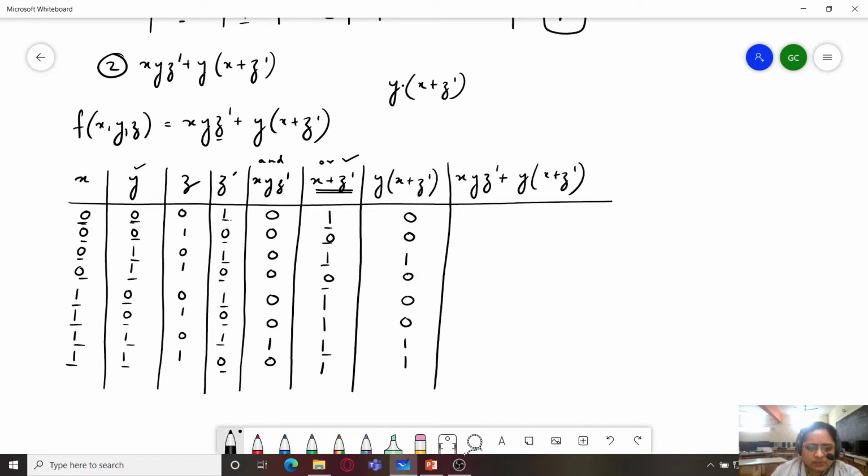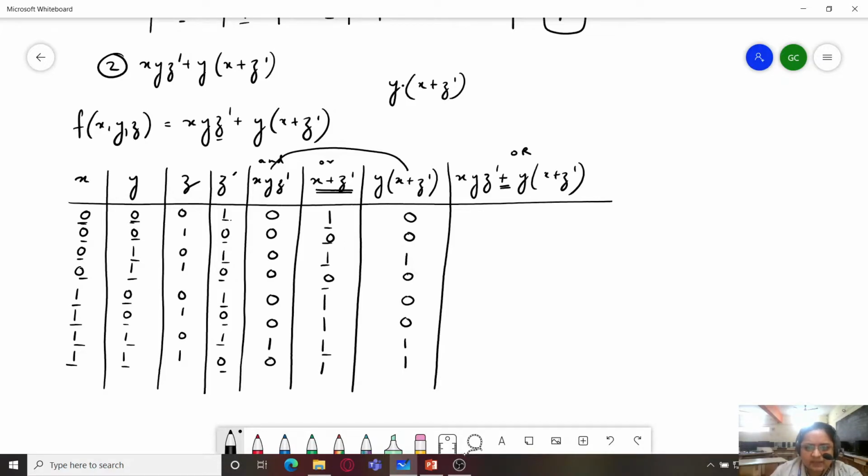So now these two fields are derived. Now next we are going to deduce x, y, z dash plus y into x plus z dash, that is these two fields, this one and this one. So these two fields we will be doing the OR operation over here, because we have plus over here.